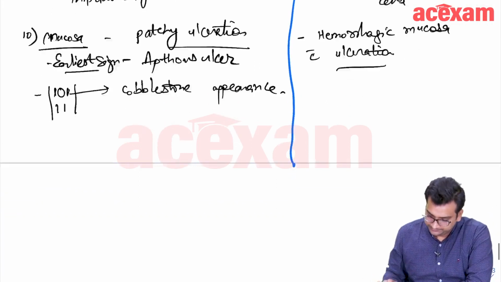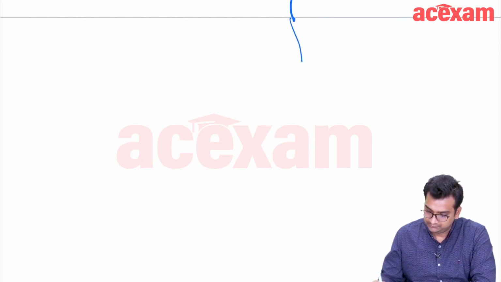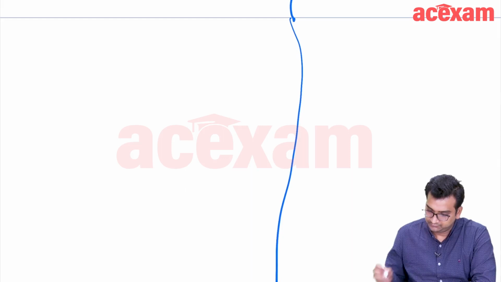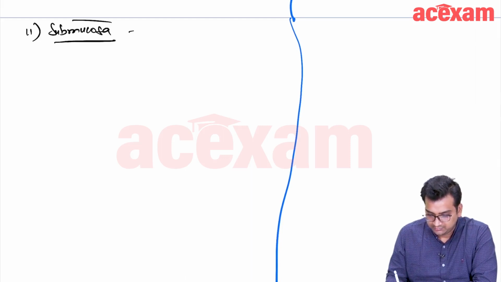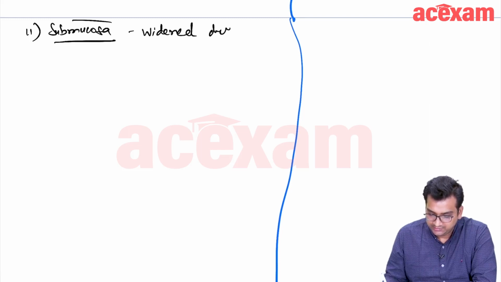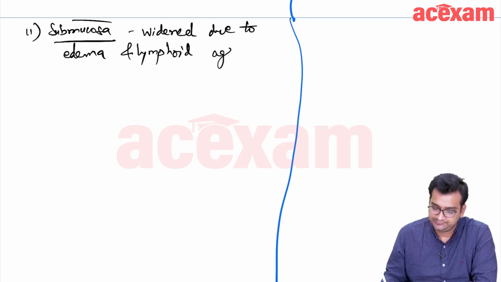Now, what about the submucosa? The submucosa is widened in Crohn's disease due to edema and presence of lymphoid aggregates.